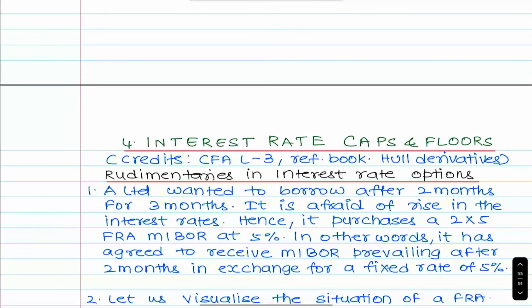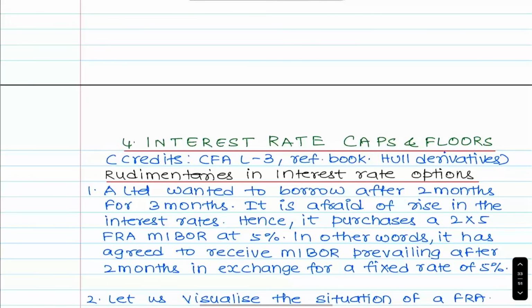So this entire video canvasses very important aspects of FRA, interest rate swap transactions, general transactions of transformation of asset into liability, liability into asset, exchange of liability, arbitrage in swaps. All these will come again in this particular segment.